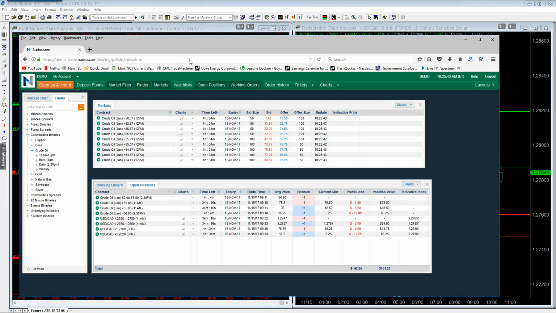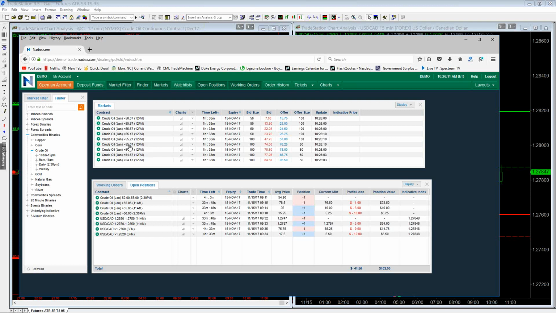And I know when I first started trading binaries, I did not read the strike statement as closely as I should have, because on the strike statement, let's just take this one, 5507, okay? Now, the strike statement literally states crude oil greater than 55.07 by noon, correct?